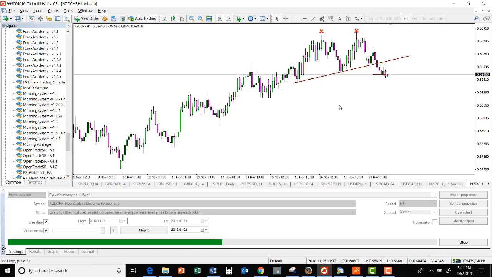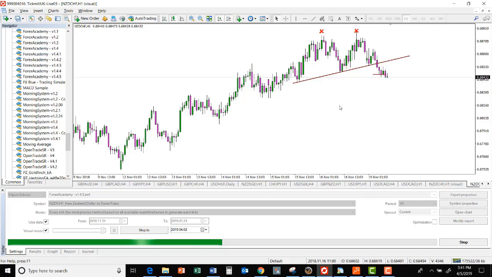So in this case, I'm doing it very slowly. I put the simulator at a slow speed, so it doesn't run away with us, and we can see for ourselves very slowly how this expert advisor will open a trade. So let's just be patient and hope the price goes down further and opens a trade for us.